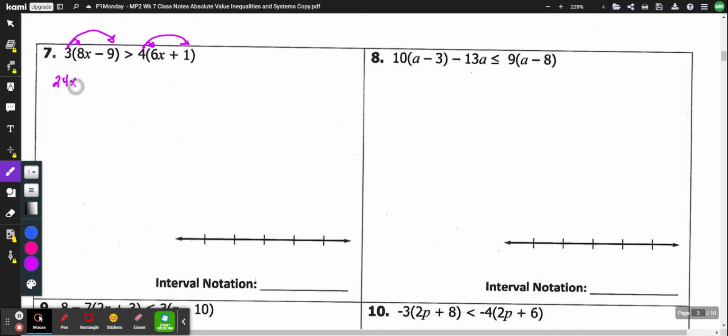So we have 24x minus 27 is greater than 24x plus 4. I'm going to subtract 24x from both sides. Those will cancel. Negative 27 is greater than 4.